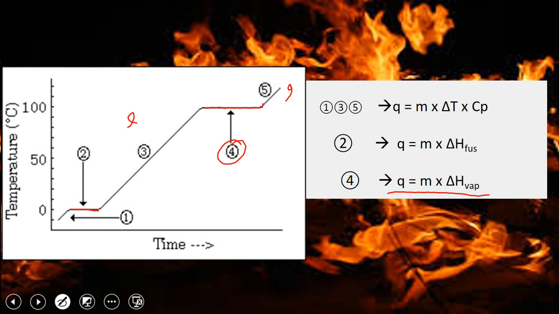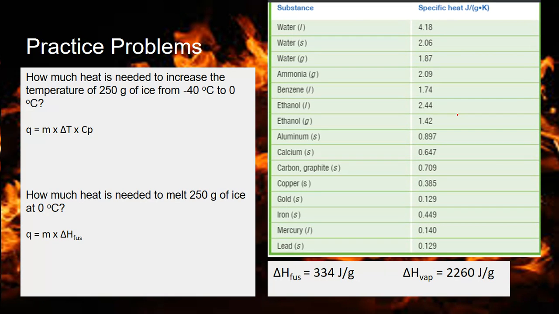So if we look on our phase diagram, changing solid from one temperature to another would happen here at phase 1. For some reason my pen's not working, but that's all right. I'll just do this. So we're doing it right here. That's where it's happening. And in phase 1, we're going to use heat equals mass times change in temperature times the specific heat.